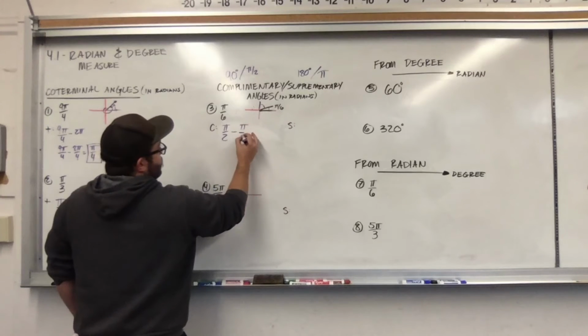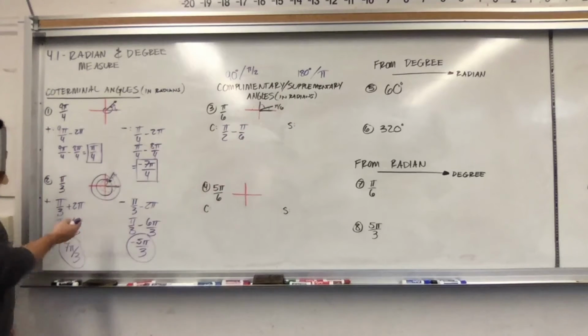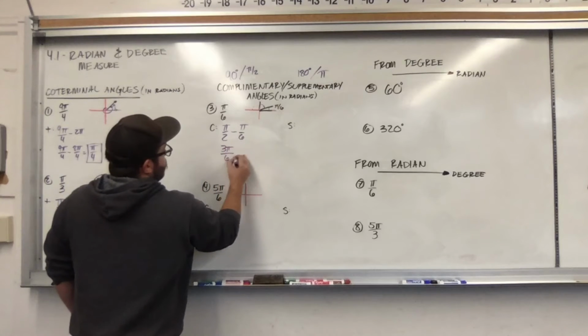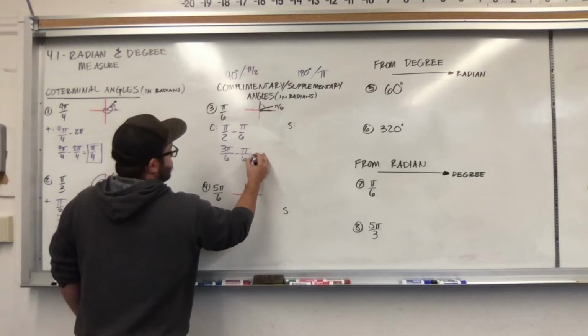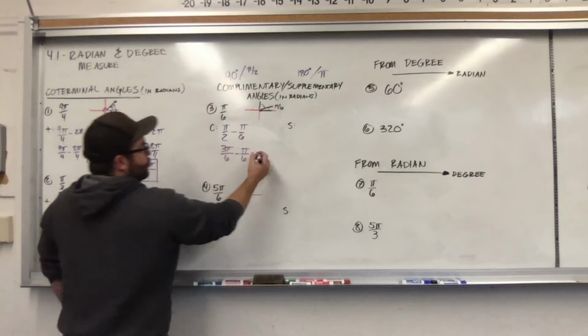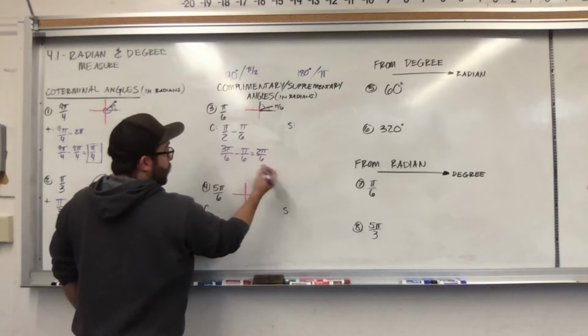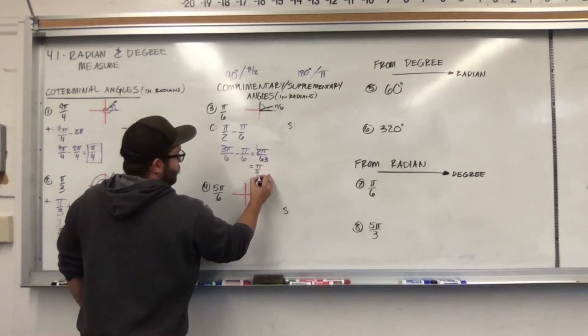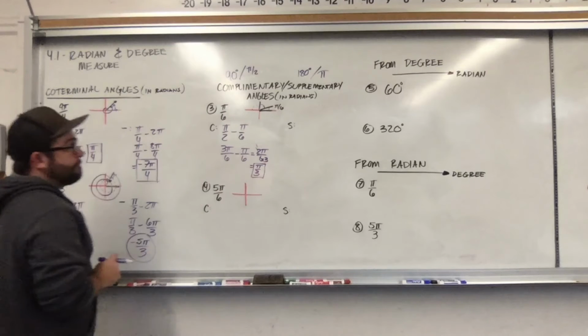So minus pi over 6, just like over here, we need common denominators. So we get 3 pi over 6 minus pi over 6. That's 2 pi over 6. Or simplified, that's a 1, that's a 3, we get pi over 3.